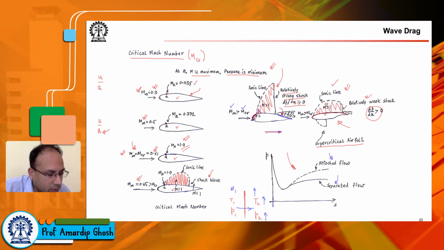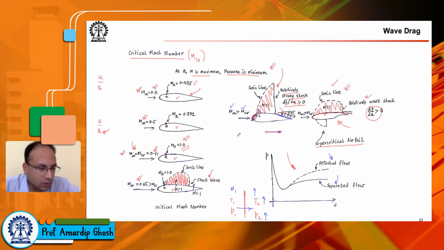If it somehow reaches high Mach numbers, in this case, it terminates in a strong shock wave. So the supercritical airfoil restricts the Mach number range of this region and also the extent of this region, and so the relatively weak shock creates a small region of separated flow, and that results in a smaller amount of drag.